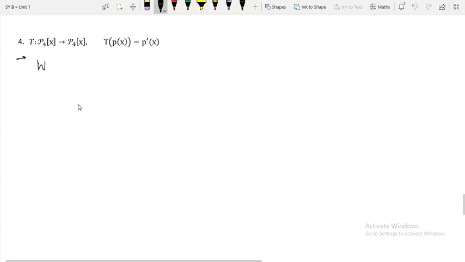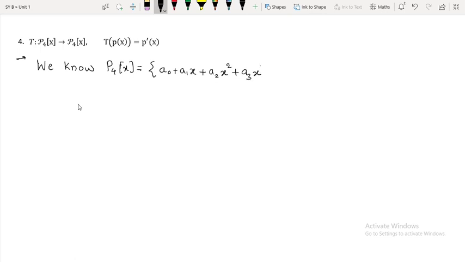We know P4 of x is the set of all a0 plus a1x plus a2x square plus a3x cube plus a4x to the power 4, means the set of all polynomials having degree less than or equal to 4, where these ai's are real numbers, and i is varying from 0 to 4, because we are going up to a4.